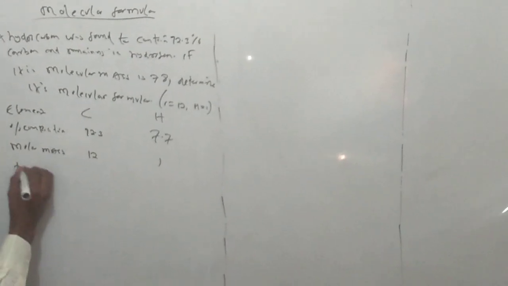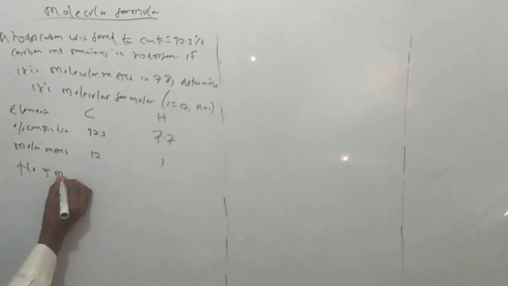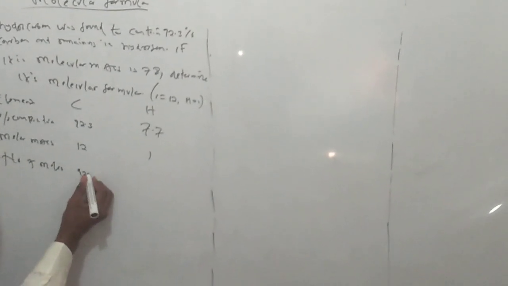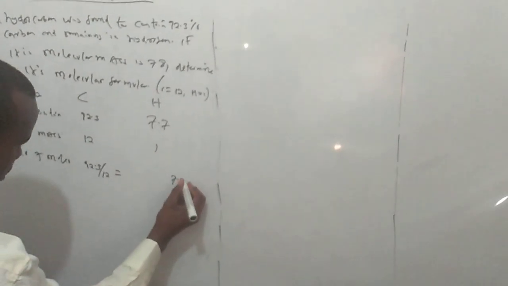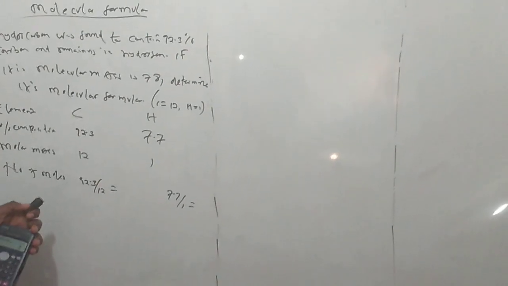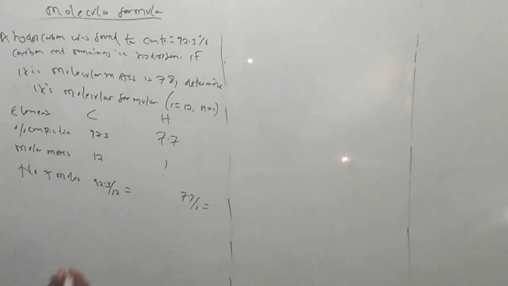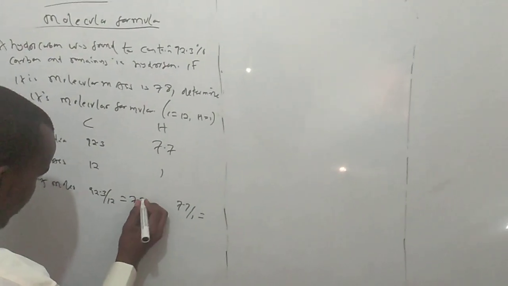Then we get the number of moles. Remember, number of moles is the mass over the molar mass. For carbon this is 92.3 divided by 12. For hydrogen this is 7.7 divided by 1. 92.3 divided by 12, to one decimal place, is 7.7.